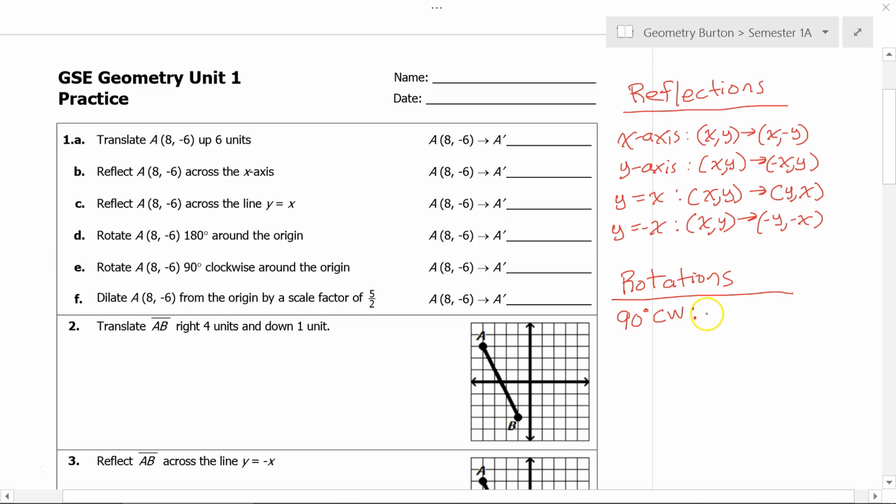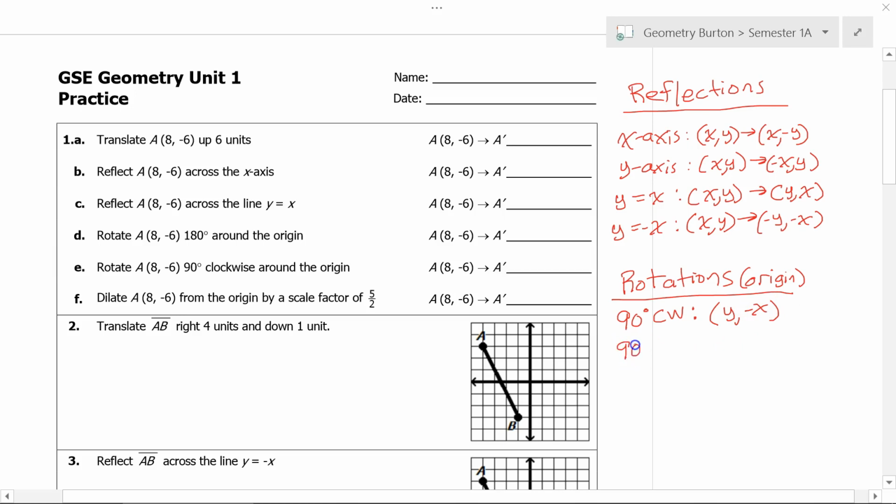Alright, a rotation 90 degrees clockwise, and these 3 rules are all about the origin. Okay, we're rotating around the point 0, 0. So 90 degrees clockwise, that's going to be y, opposite of x.